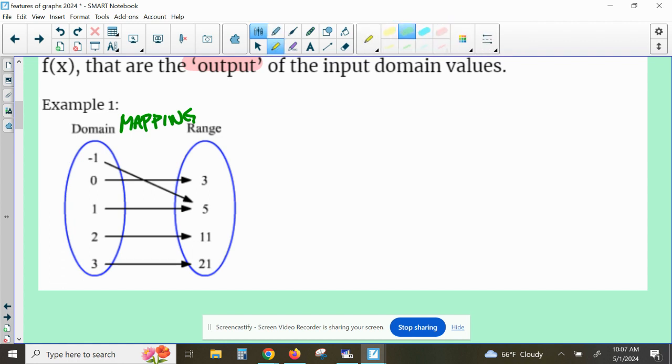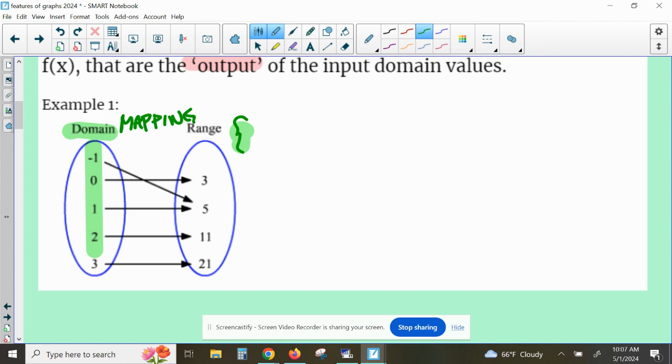our domains are on the left. So if someone said, what's the domain of this function? You would simply say -1, 0, 1, 2, and 3. Those are our domains, correct? And you can use this little set. So when you do the set of them, you got to use the curly brackets.